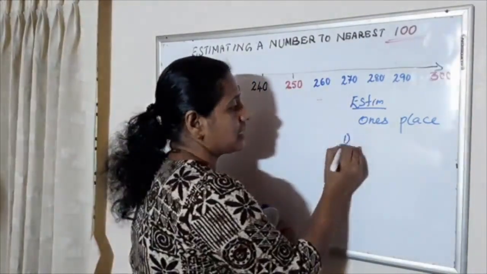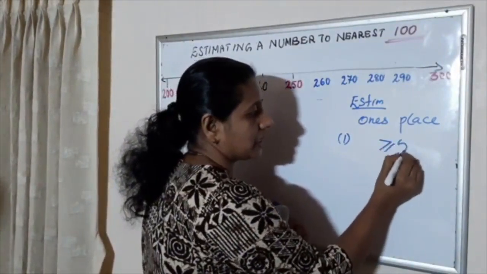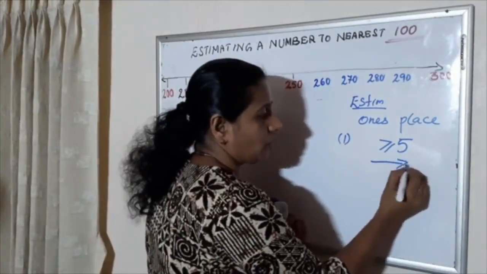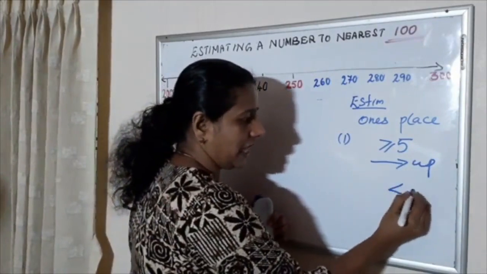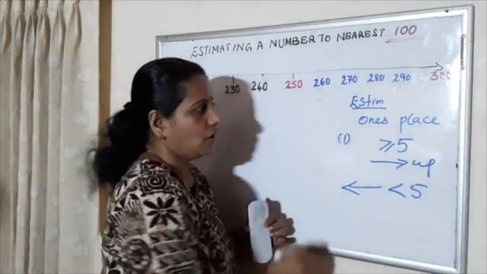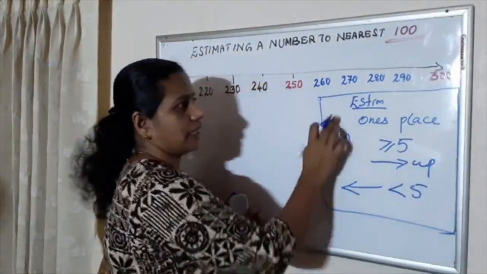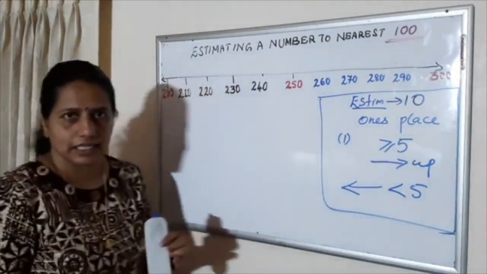First, if the ones place is greater than or equal to 5, then we round it up. And if it is less than 5, round it down. This was our condition when estimating a number nearest to 10.